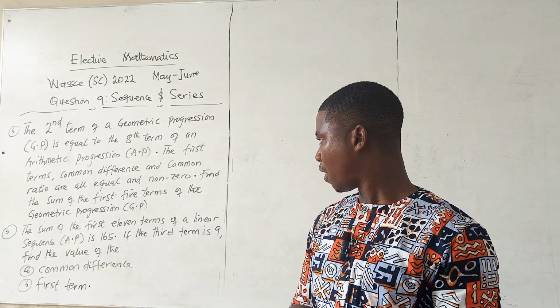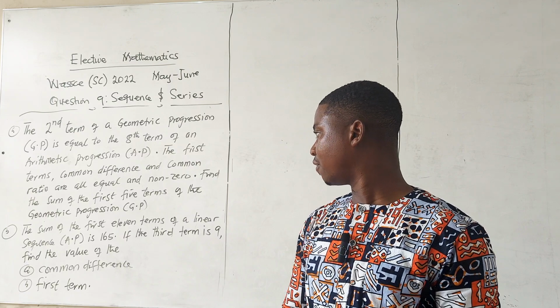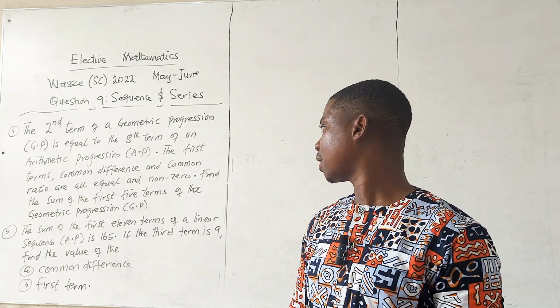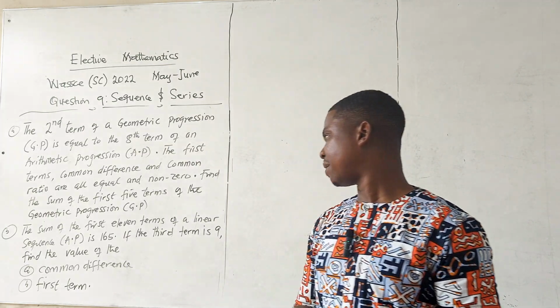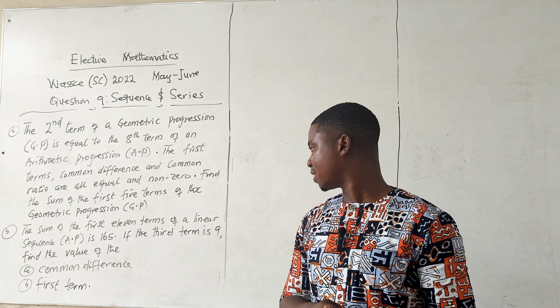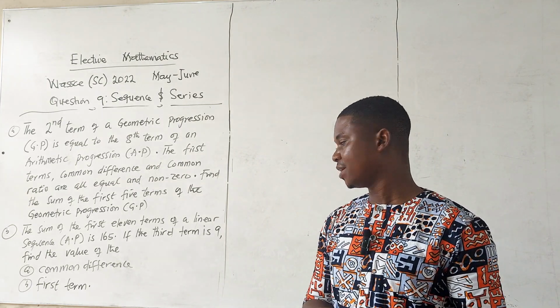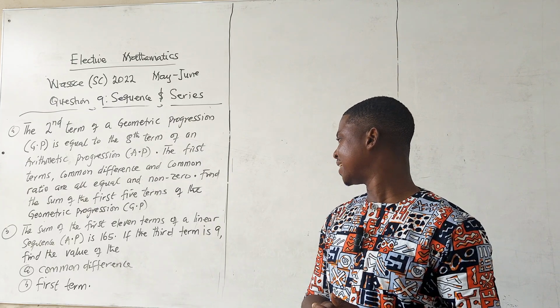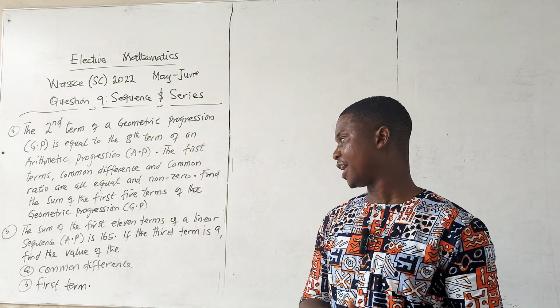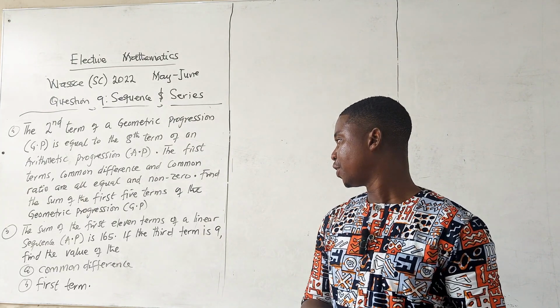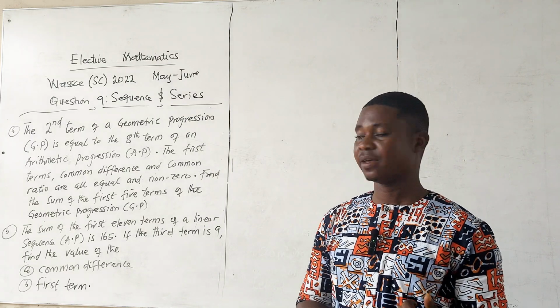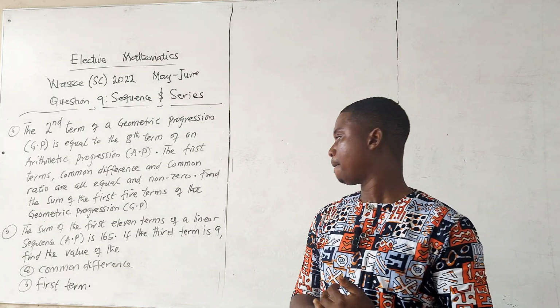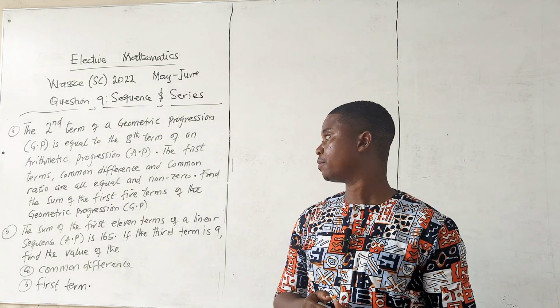Find the sum of the first 5 terms of the geometric progression. B. The sum of the first 11 terms of a linear sequence (AP) is 165. If the third term is 9, find the value of A. Common difference, B. First term.